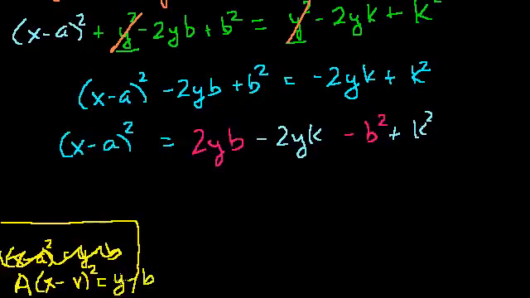I'm picking v for the x value of the vertex. I'm making up variables on the fly. The actual letters I choose don't matter, but this is a general form of a parabola. This is where I'm trying to go. If I can get what we're working on into this form, then we know we're dealing with a parabola. And then we can relate what we normally associate with a parabola to these terms up here. And obviously, these are different letters than these letters. Then we can try to figure out, if we have a parabola, how to find its focus and its directrix. But anyway, that was a bit of an aside, just so you know where we're going.